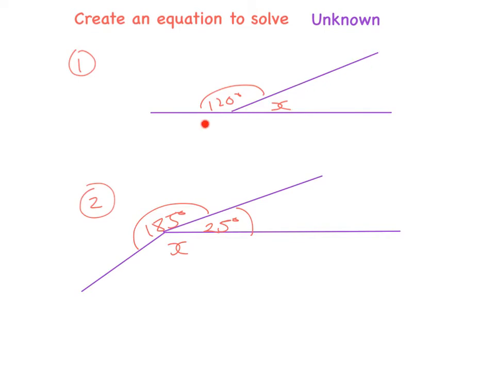This angle here is 120 degrees. That's already marked in for me, and it's an obtuse angle. But overall, this bottom line here is a straight line, and I know that angles on a straight line must add up to 180 degrees. And I'm writing that piece of information up here just so we won't forget it.